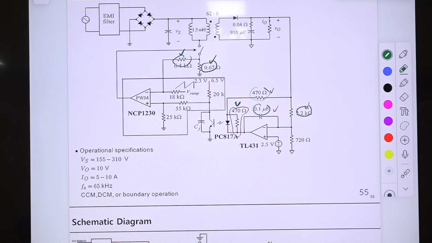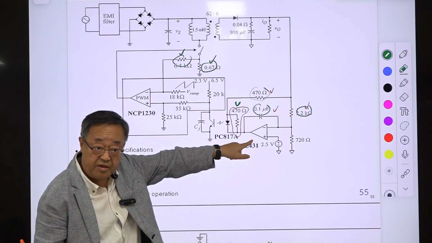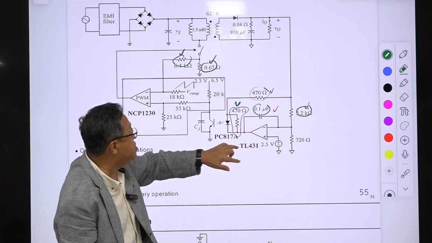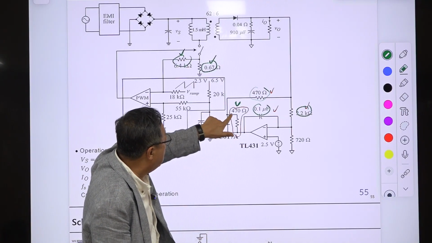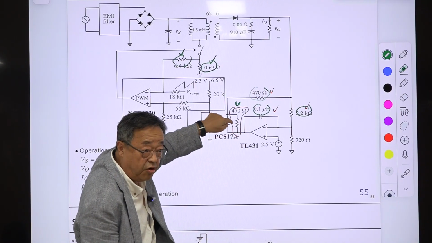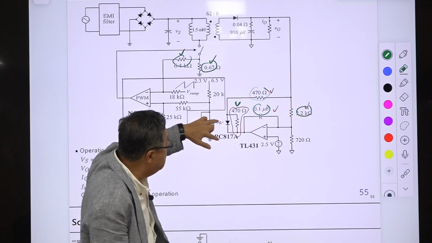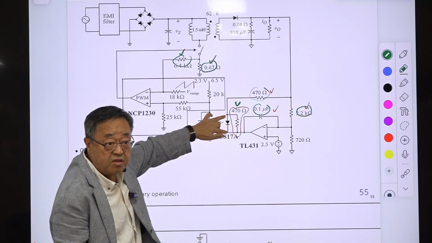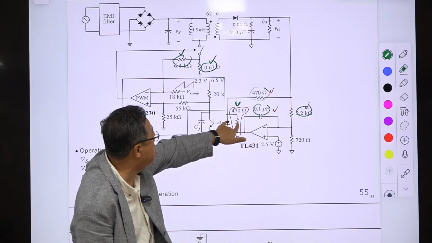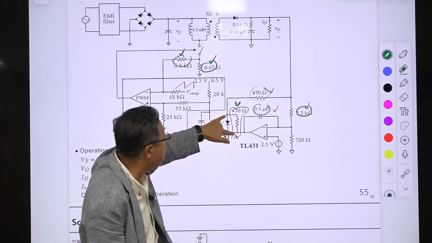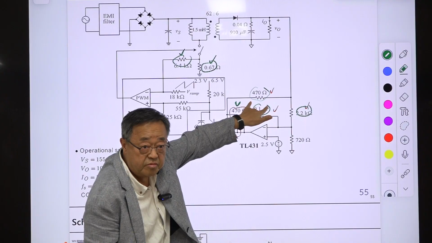This one is used to provide alternative current path for this bias current. Assume this is 1 volt, then 1 over this is the additional current passing through this, and this resistance will be something similar to 50 ohm. So parallel combination of this is 50 ohm, so it won't affect this value much.